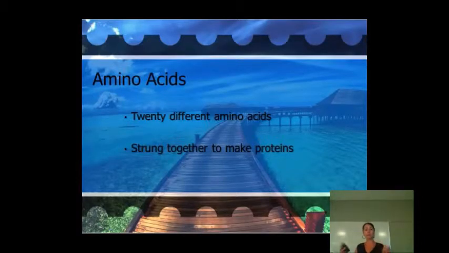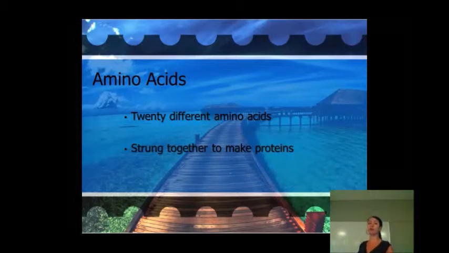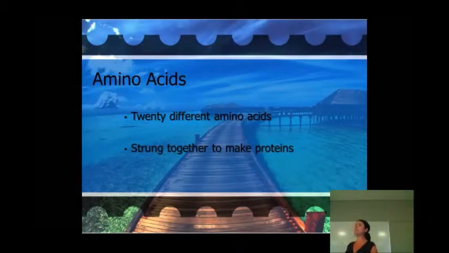So the building blocks of the proteins in the first place, as we go from proteins, then we go down to amino acids. There are 20 different amino acids that are these building blocks of proteins. And they are strung together in a particular order in order to make the protein into what it is. So particular amino acids do particular things.